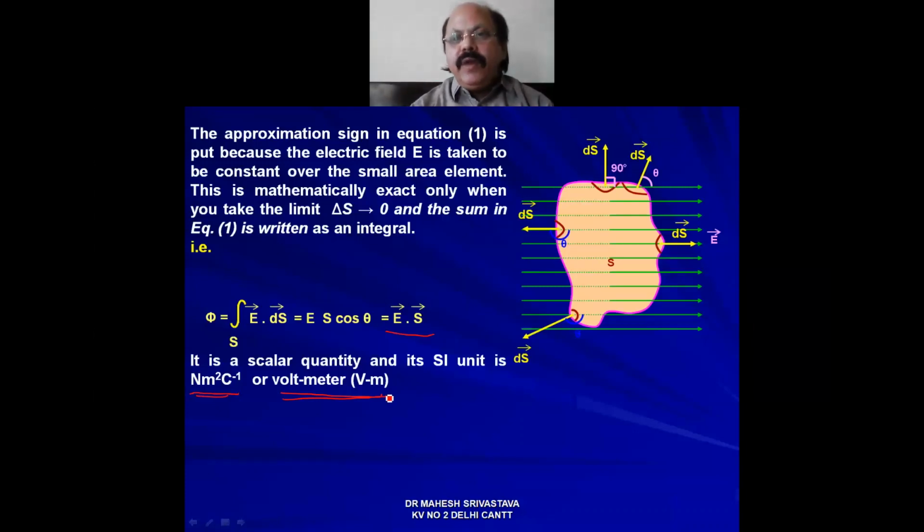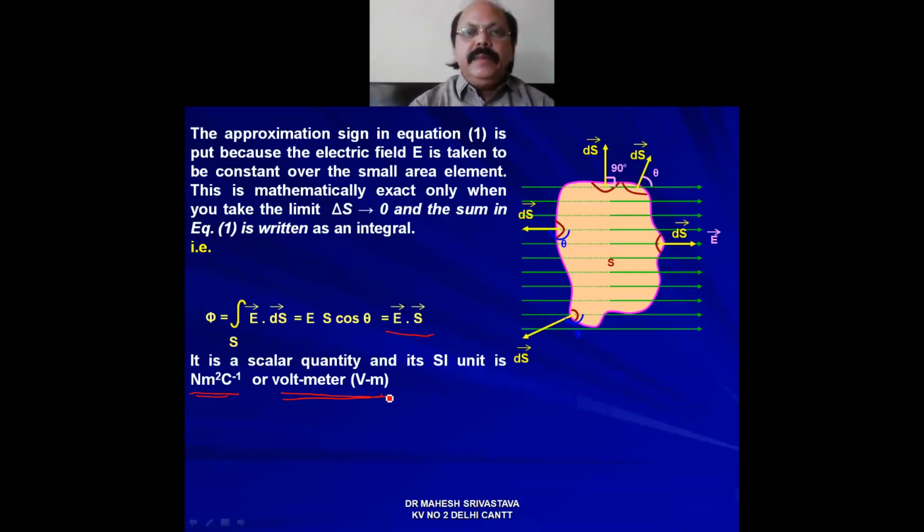So when you calculate the relation, at that time you understand this unit. Here you just remember it, because in CBSE examination many times questions come on the basis of units. They write the units and ask the name of the physical quantity which has this unit. So you must remember it.